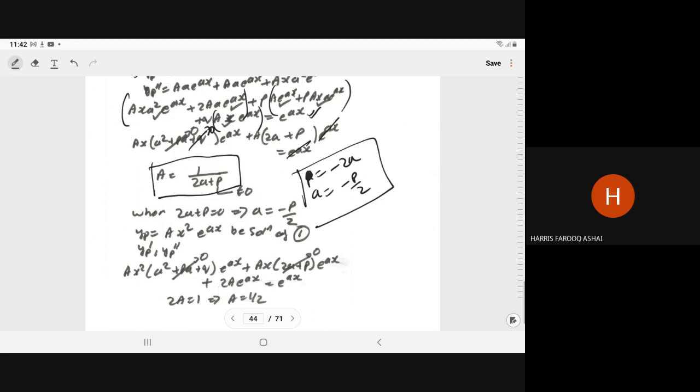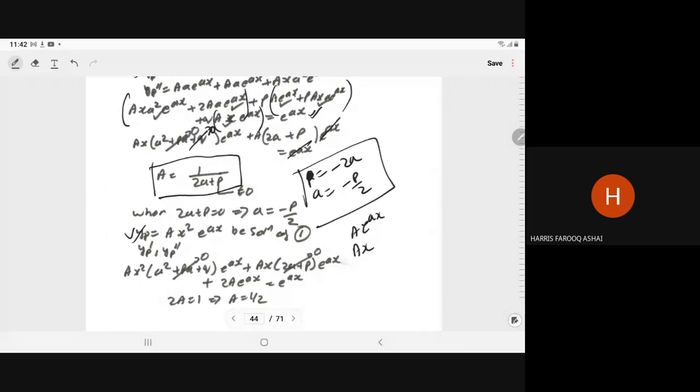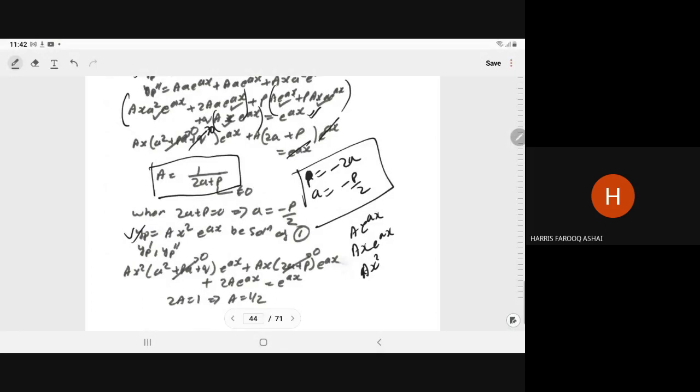What is that? Yp is equal to A into x square e to power ax be the solution. Earlier we have taken A e to power ax as a solution. If we are facing a problem, then we multiply with x. Again if we are facing the problem, we again multiply with x. That approach we are using.